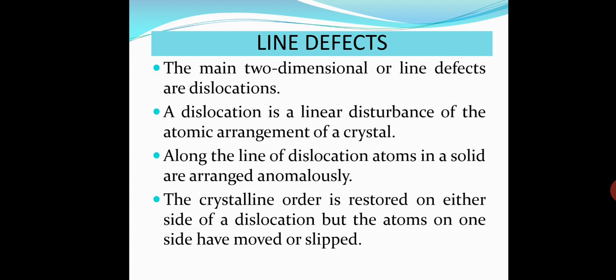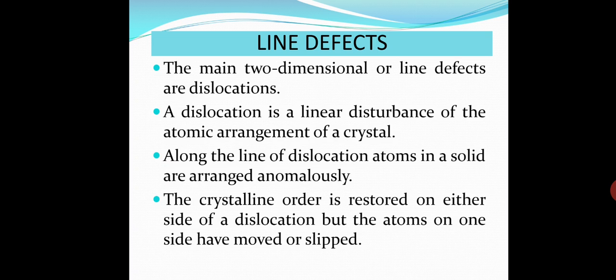A dislocation is a linear disturbance of the atomic arrangement of a crystal. Along the line of dislocation, atoms in a solid are arranged anomalously. The crystalline order is restored on either side of a dislocation, but the atoms on one side have moved or slipped.